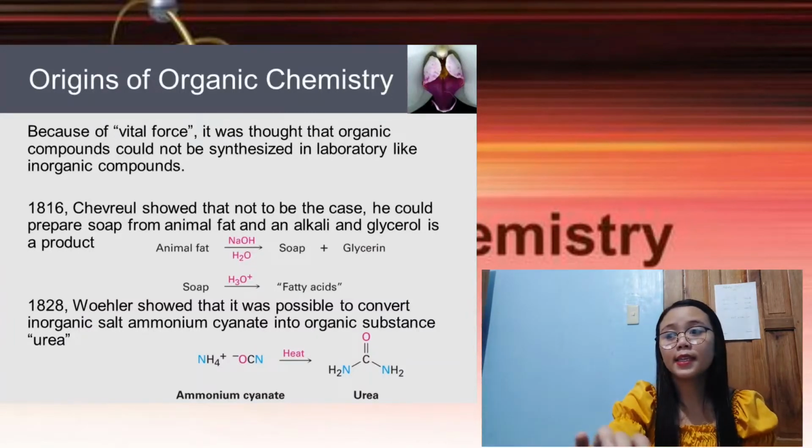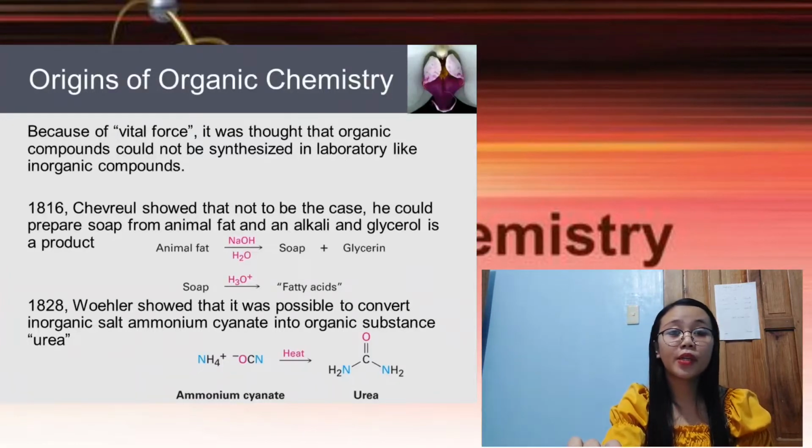In 1816, Chevreul showed that not to be the case; he could prepare soap from animal fat and alkali, with glycerol as a product. In 1828, Wöhler showed that it was possible to convert an inorganic salt, ammonium cyanate, into an organic substance, urea.